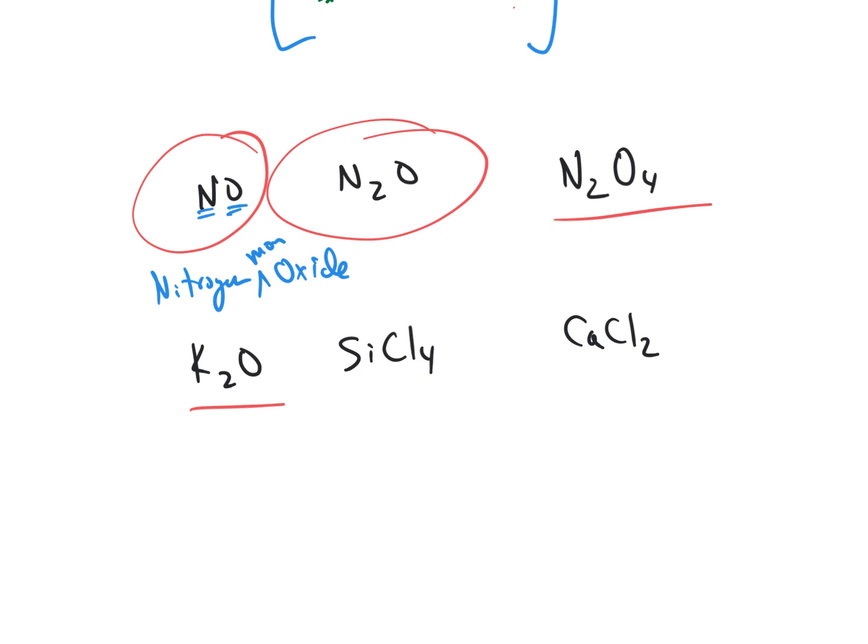I tricked you. Potassium oxide. Why is it potassium oxide? Because it's with a metal. Oh, it has a metal in it. What does that tell us? It's ionic. Do we use prefixes for ionic compounds? No, never. So make sure you check that. Okay?